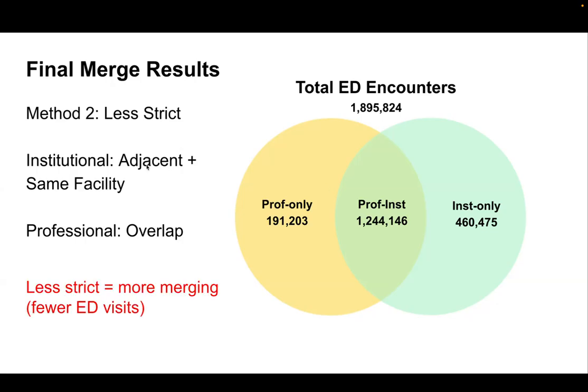And in this scenario, less strict means more merging, means fewer ED visits. It's kind of tricky to keep straight: more strict, less merging, more ED visits. These things are opposite, but you start to get the hang of it.